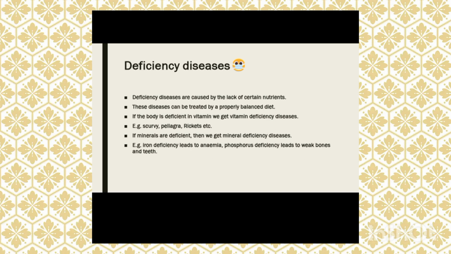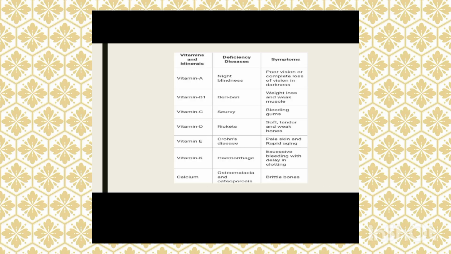And if minerals are deficient, then we get mineral deficiency diseases. For example, iron deficiency leads to anemia. Phosphorus deficiency leads to weak bones and teeth. So here are some vitamins and minerals and the deficiency diseases caused by them, and also their symptoms.